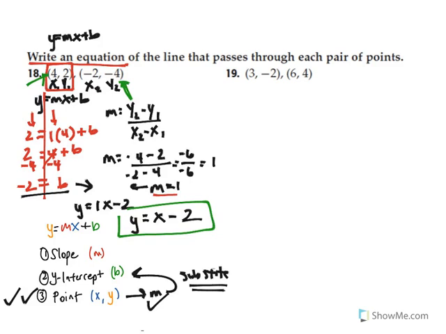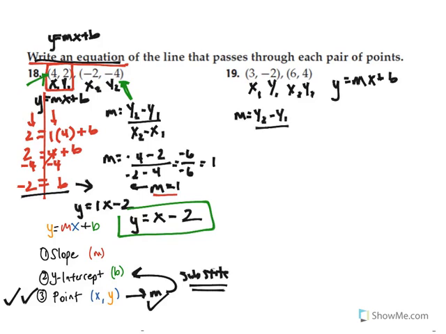Let's go to this one here. We need to write the equation of the line that passes through these 2 points. So we have this point here, and we have this point here. If we're writing the equation, we know that we need to write y equals mx plus b, and we need to find the slope first.